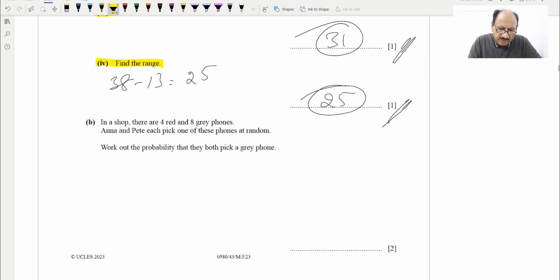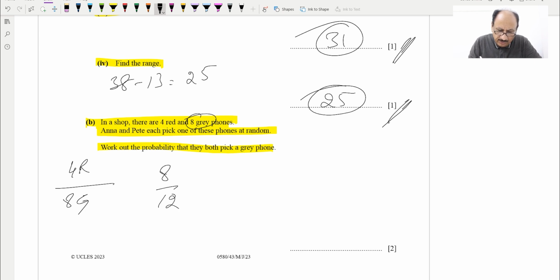And then B part: in a shop there are 4 red and 8 gray phones. Anna and Patty each pick one of these phones at random, and they're saying work out the probability that they both pick a gray phone. For the first gray, there are 4 red and 8 gray phones, so 8 out of 12 will be the first probability.